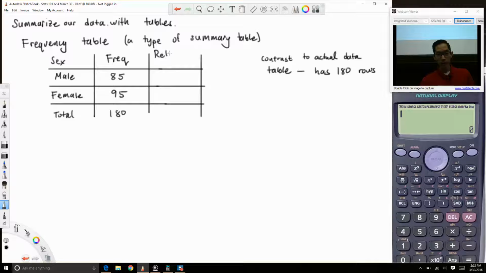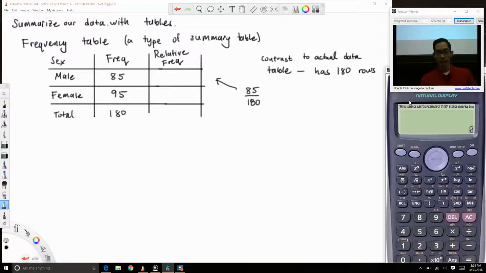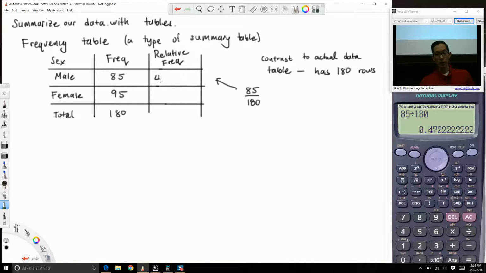We can create a relative frequency table, which basically, instead of just the count or the frequency, we would turn it into a percentage, okay? And so instead of 85, we would say 85 divided by 180, and we would get something like 47.2%.